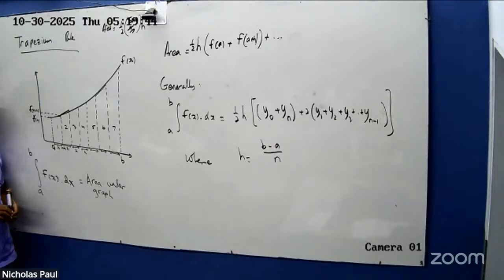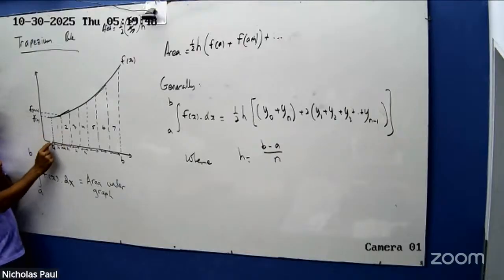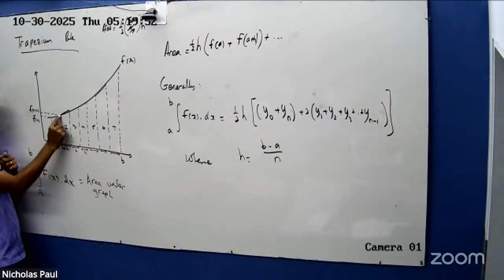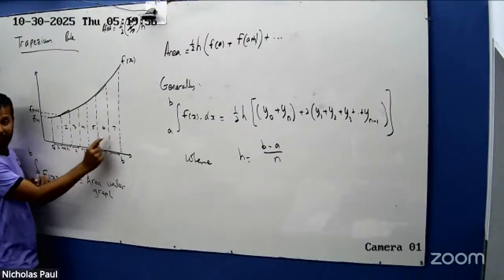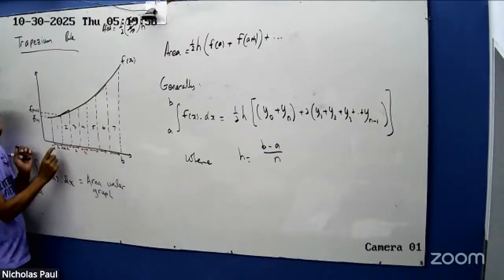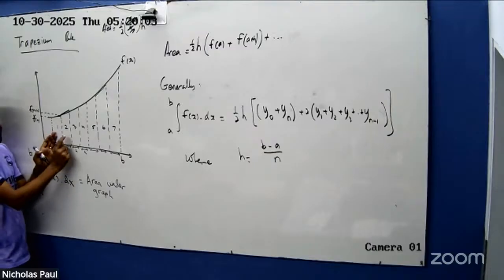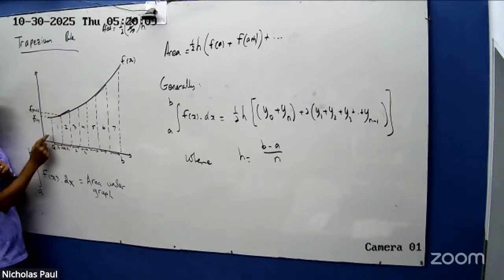Close. Look at this side. This is y0, because that's the first one, right? And this is y1. This is y2, y3, y4, y5, y6, y7. Right? This is y0 and y1, correct? What about this piece here? y1 and y2. So we're using y1 twice.